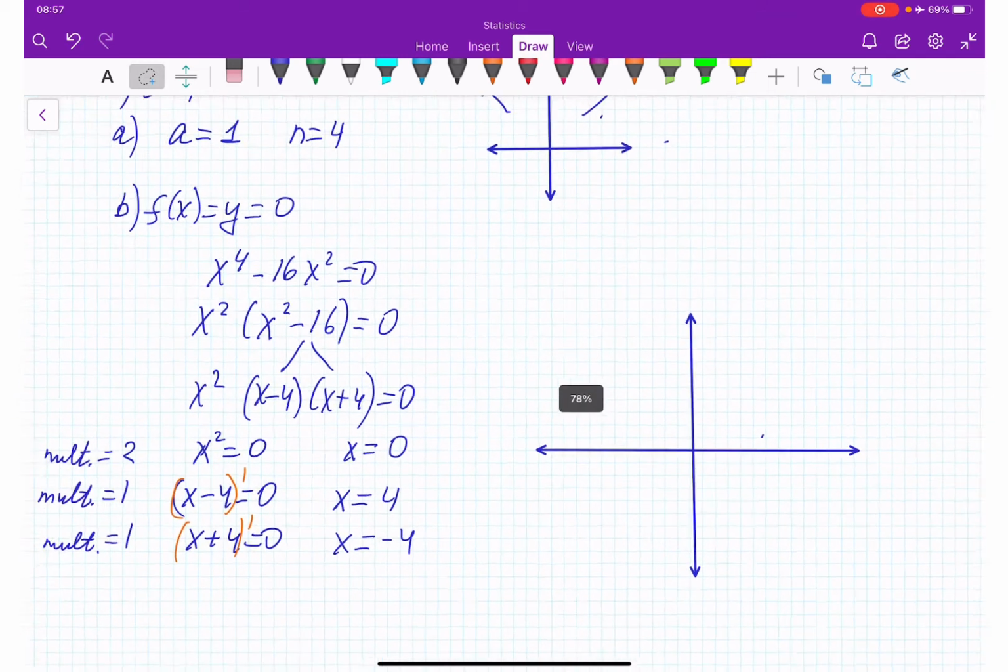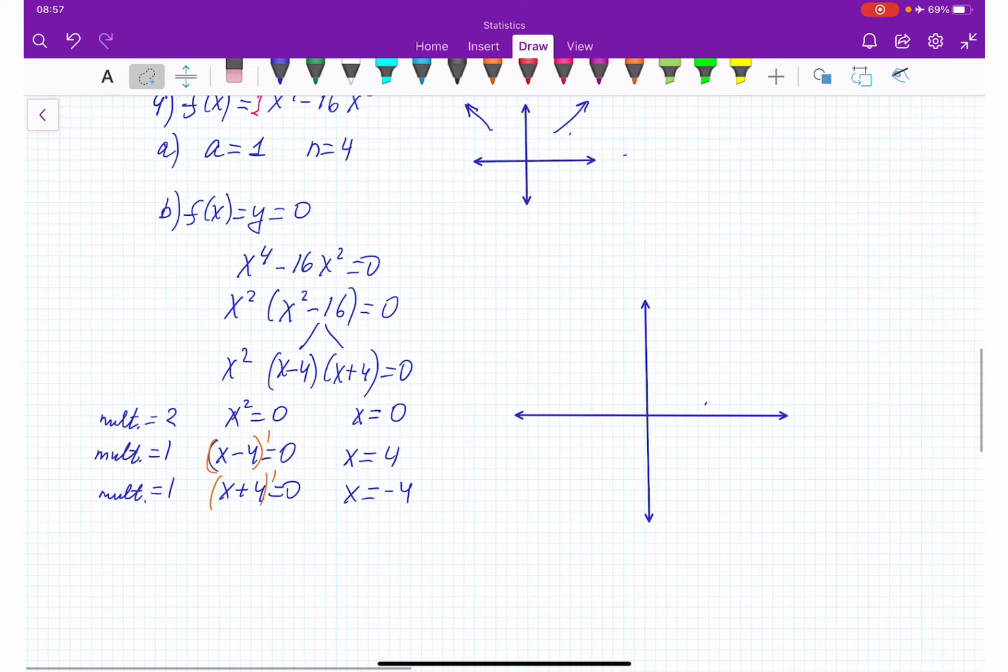All right. So what are our x-intercepts? 1, 2, 3, 4. 1, 2, 3, 4. Positive 4, negative 4. So this is one point, this is another point, and the third point is 0. So my end behavior, we know it goes like this, right?